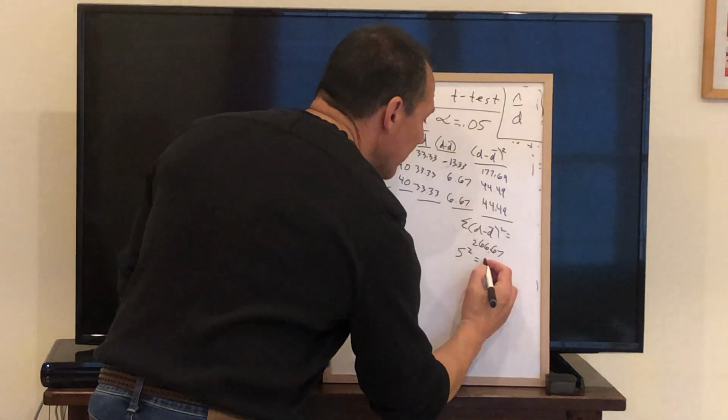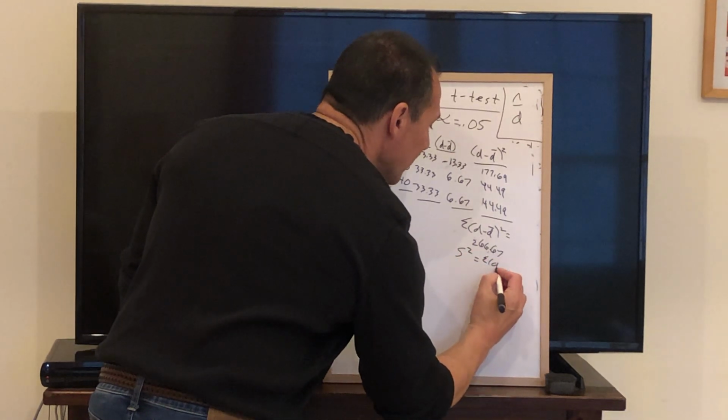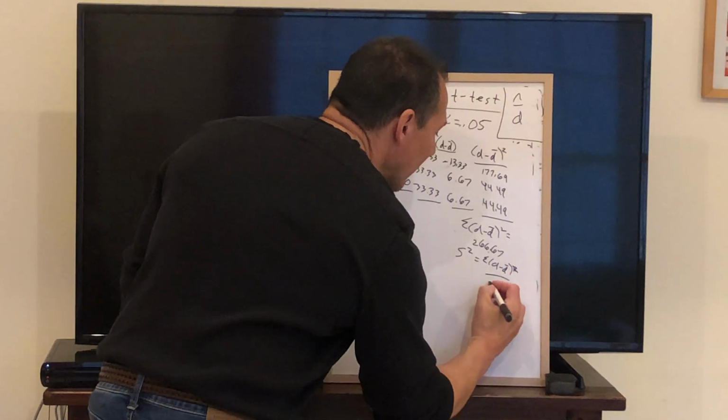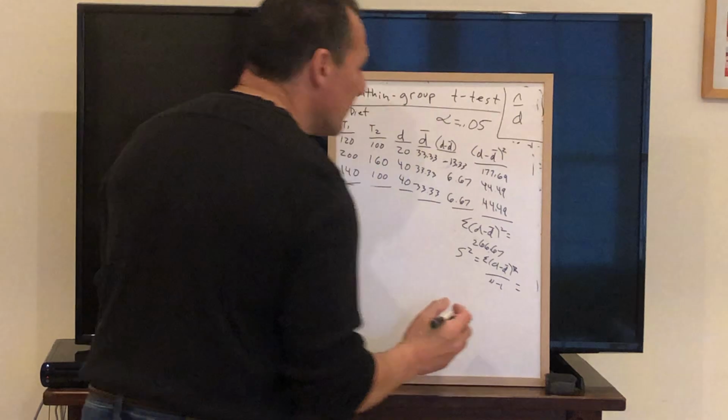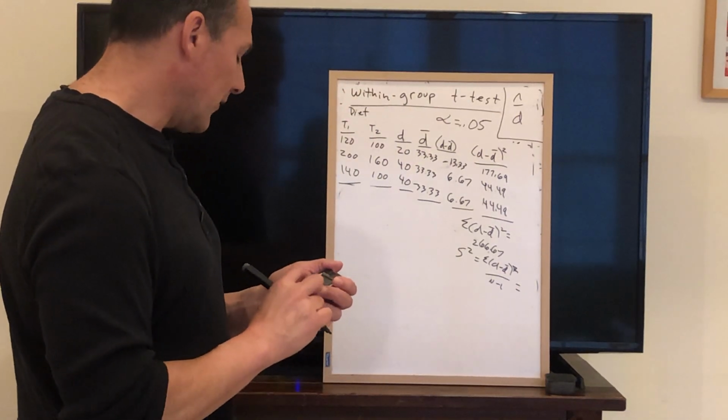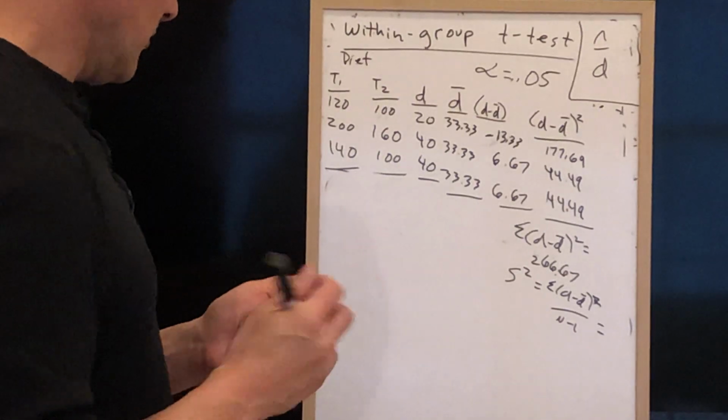S squared equals sigma of D minus D bar squared divided by n minus 1, which is 266.67 divided by 2, which is 133.34.